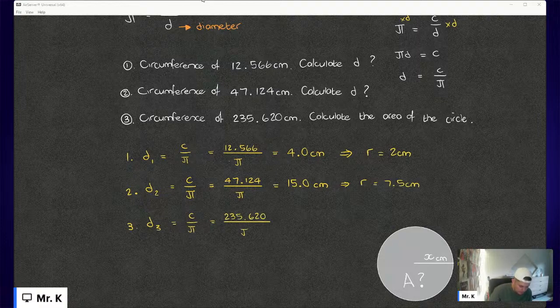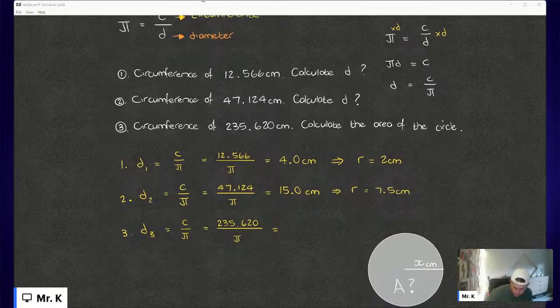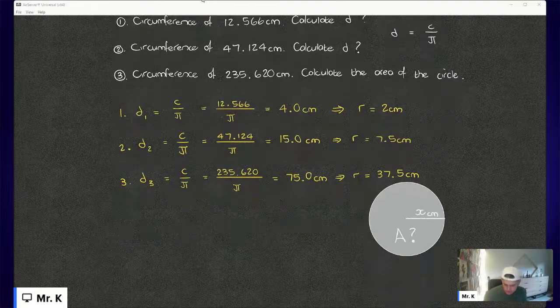And when we input this value into our calculators, you'll see that the answer comes back rounded to two or to three decimal places at 75.0 centimeters. So you can make the inference that 75 over 2 is the same as 37.5 centimeters for the radius of this circle.